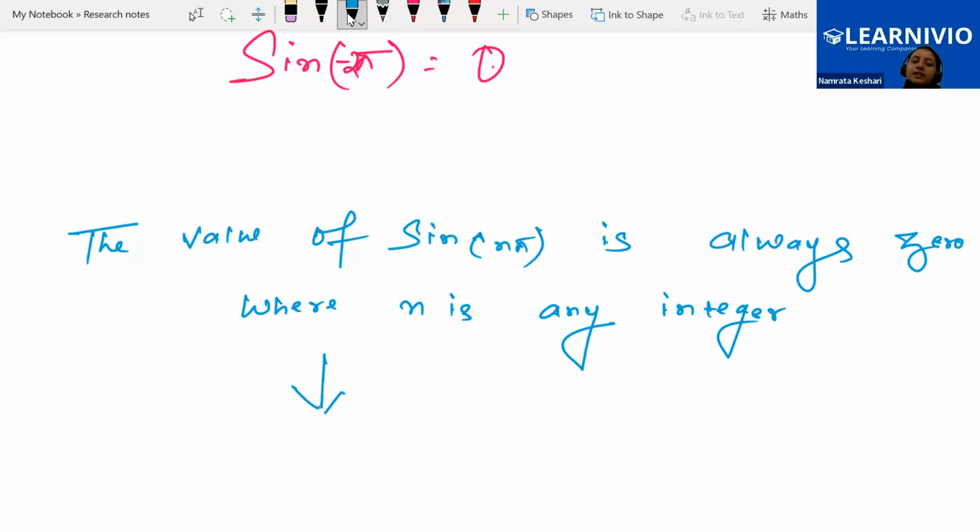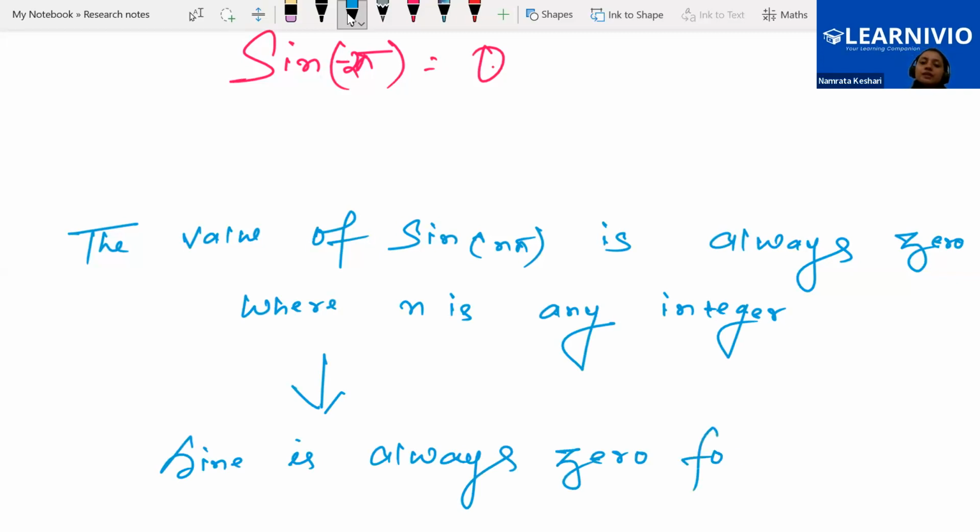Or this statement can be written as sine is always 0 for integral multiple of pi.